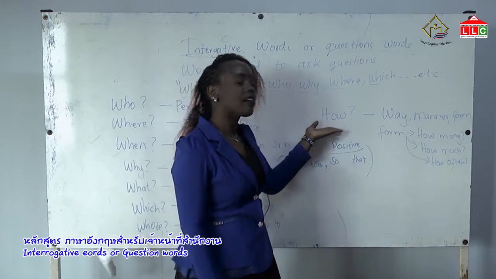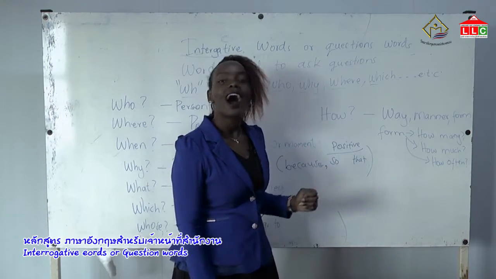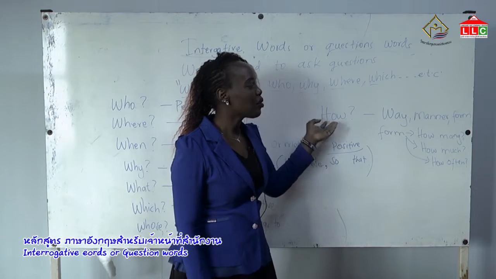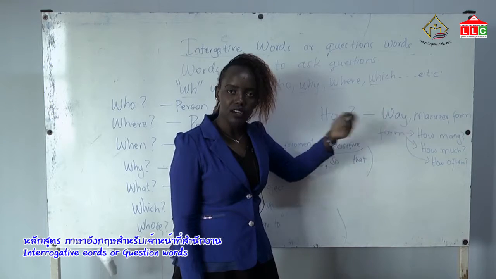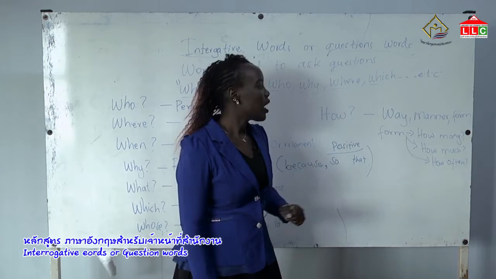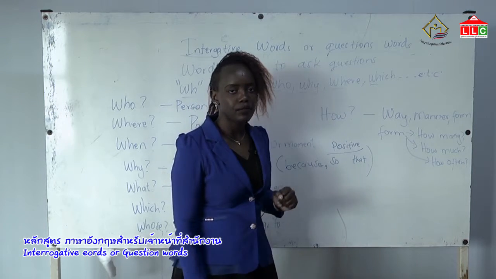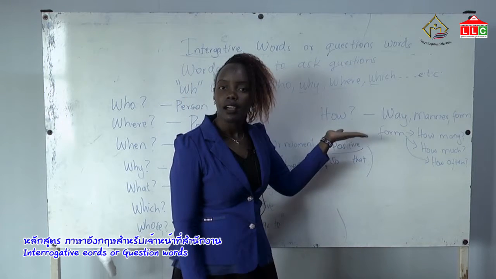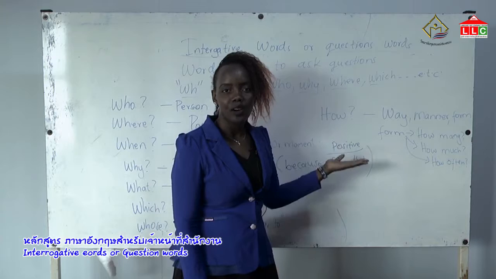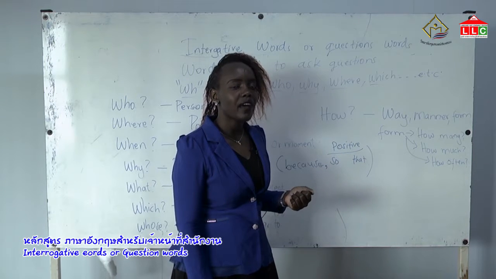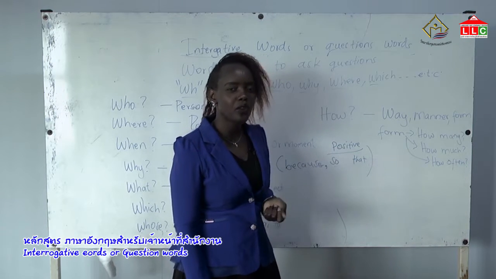Okay, and then we have how. We can have way, manner, and form. And in form we have three types of forms to ask. For example, how many, how much, and how often. And we said if I ask the question with how many, what do I mean?